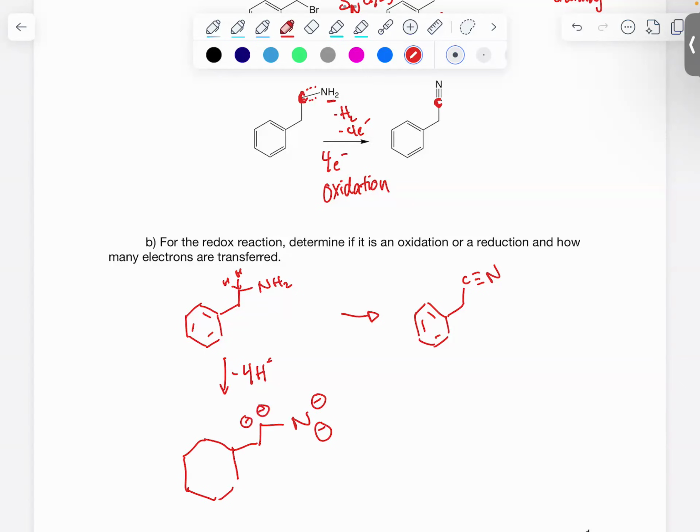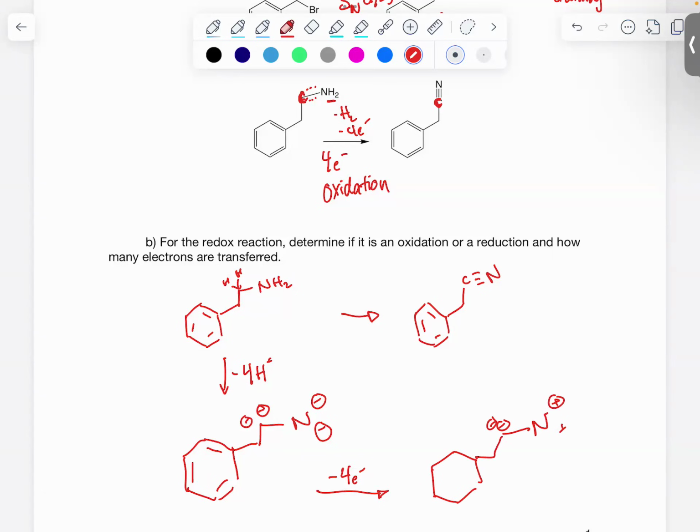with this structure. Now, we can't make bonds between 2 negative charges. We can make bonds between a negative and a positive charge, though. And so if we were to get rid of some of these electrons, we would be able to set ourselves up to make some bonds.